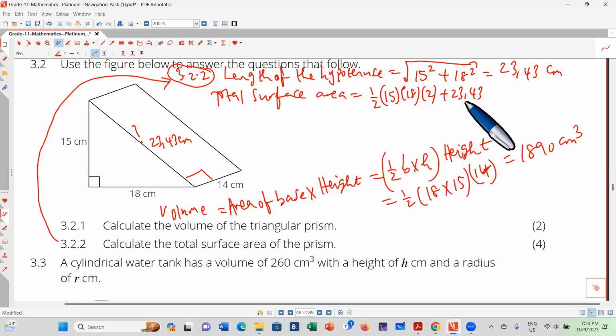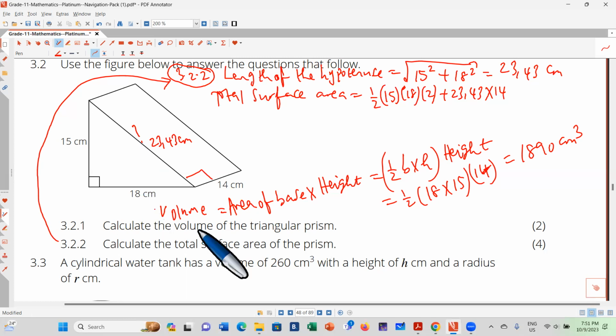The 23.43 side is like a rectangle, so you use length by breadth. So it's 23.43 by 14. You have found this side here and the other side there. Now you're going to deal with the base of the shape.